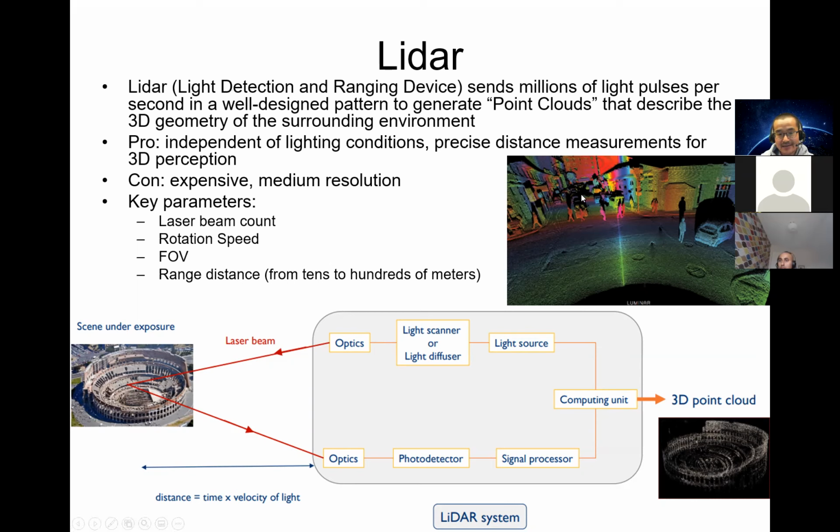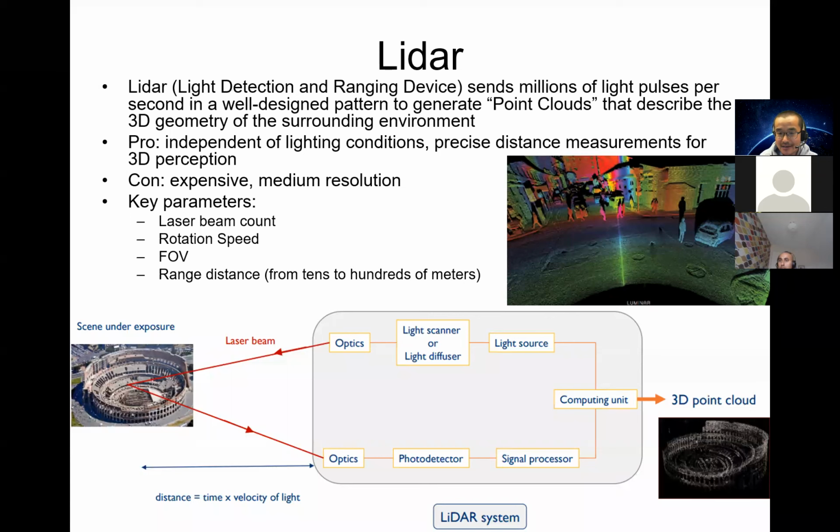And you can see that it's not very detailed. So you cannot see color, cannot see texture, cannot see any language. All you get is a collection of points in space.